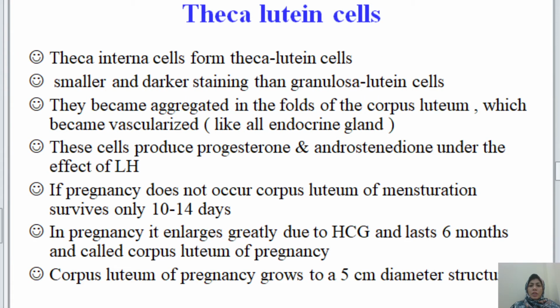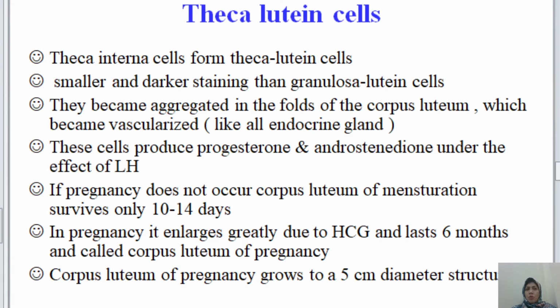What are theca lutein cells? Theca interna cells form theca lutein cells, and these cells are smaller and darker than granulosa lutein cells. They become aggregated in the folds of the corpus luteum, which becomes vascularized like other endocrine glands.